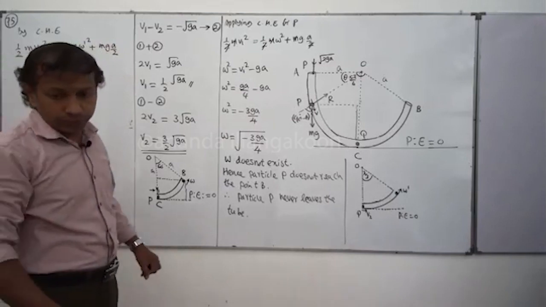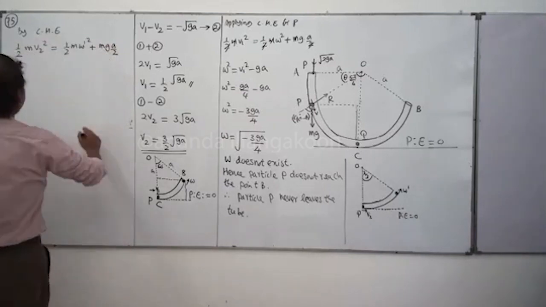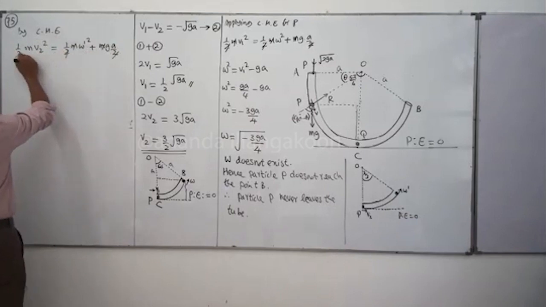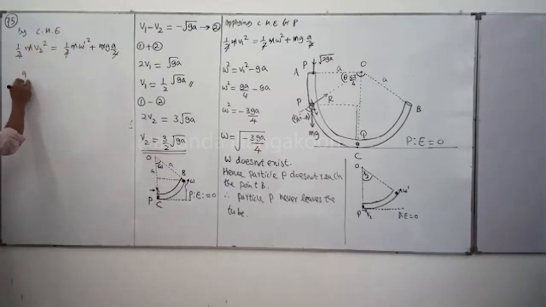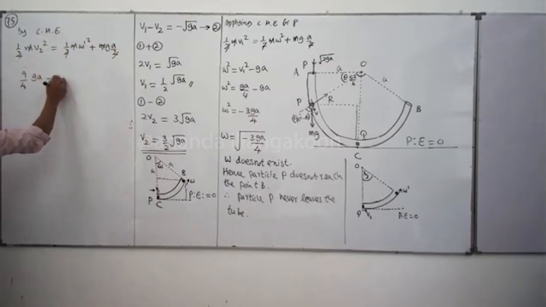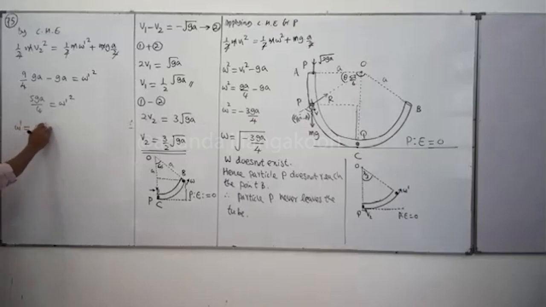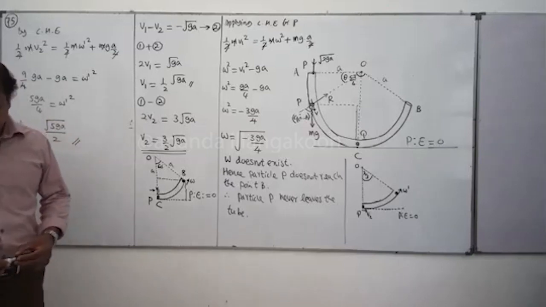The half and m you can cancel down. V2 is this much, then put that here, 9 by 4 Ga, brings this side, Ga equals W dash squared. Then here we get 5Ga by 4 as W dash squared. That gives W dash as root of 5Ga by 2. Correct, right?